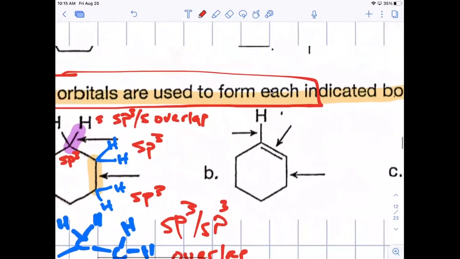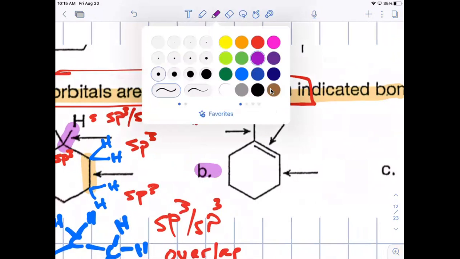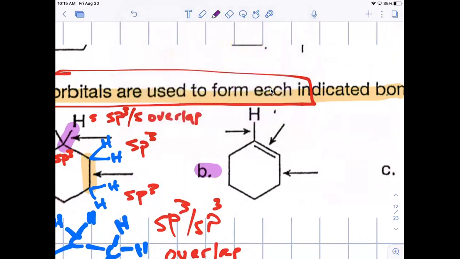Let's do B. We'll do all three of these. Let's do this one first, though. So you've got a carbon here and a carbon here.